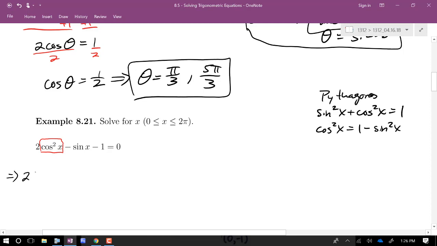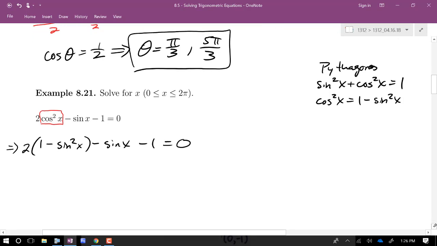So let's substitute. Now we have just one function. That's a lot better than we were before. Let's simplify this a little bit. We get 2 minus 2 sine squared x minus sine x minus 1.